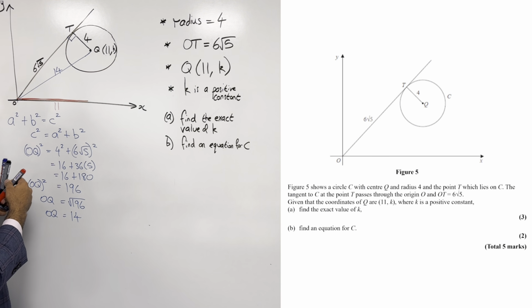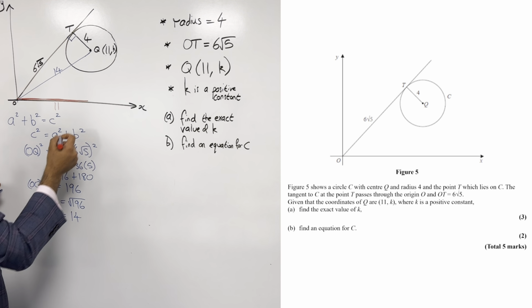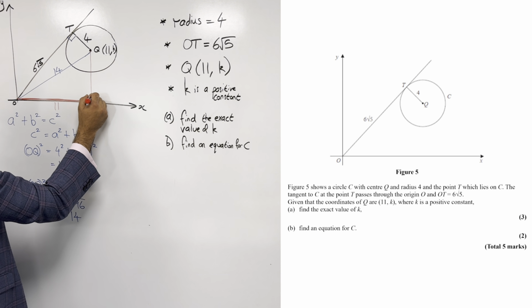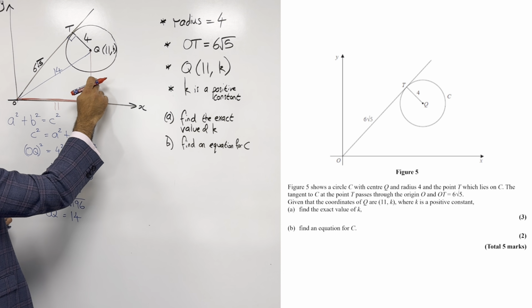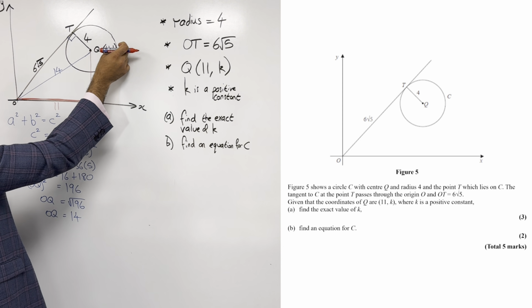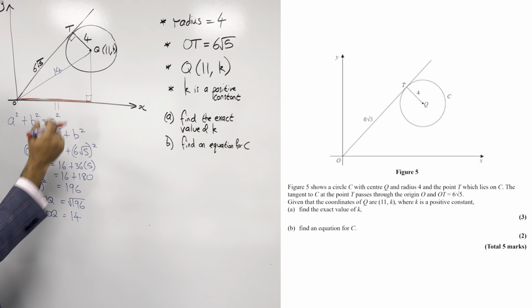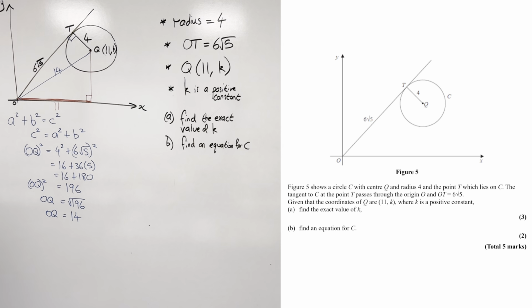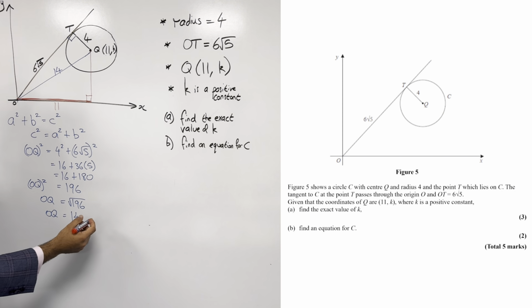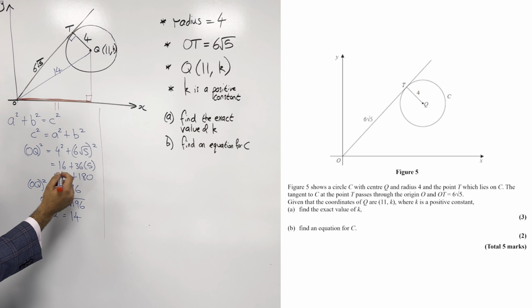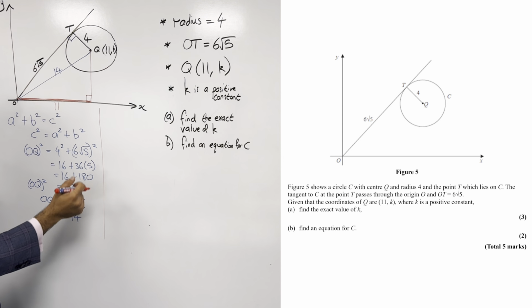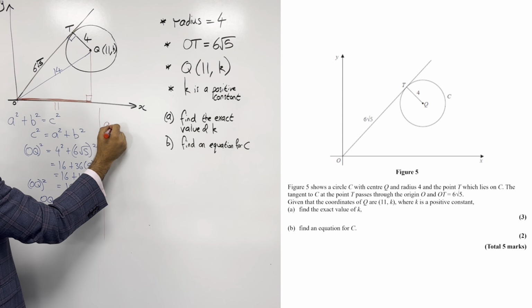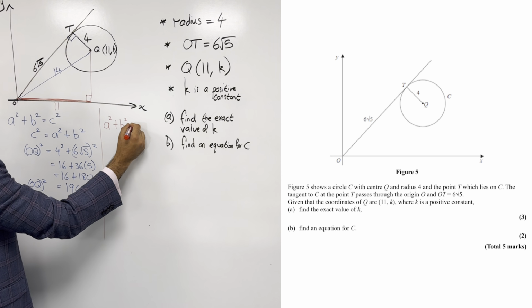So that's just going to lead me on to working out what this length is using Pythagoras again, because this is a 90 degrees angle. If I can work out what this length is, that will tell me the y value of coordinate Q, which is what the question was asking me to do in the first place. In this question, I'm going to utilize Pythagoras again. However, now I'm going to work out the shorter length because the hypotenuse for this triangle is 14. So therefore, a squared plus b squared equals c squared.